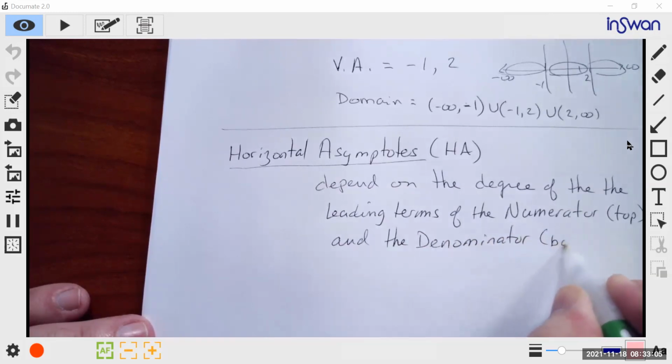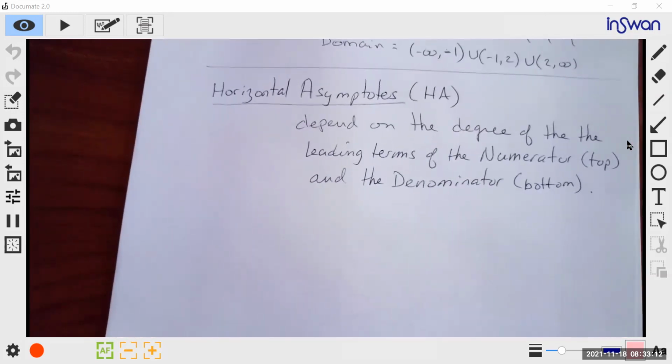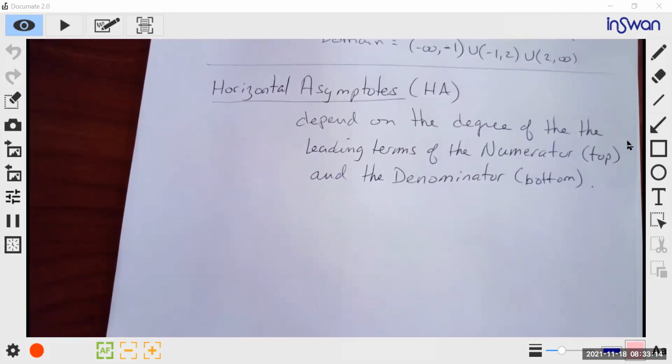That's the bottom number. So horizontal asymptotes depend on the degrees of the numerator and denominator. It's redundant to say it's the leading term, but that's what's very important.